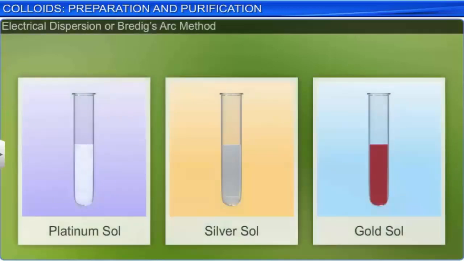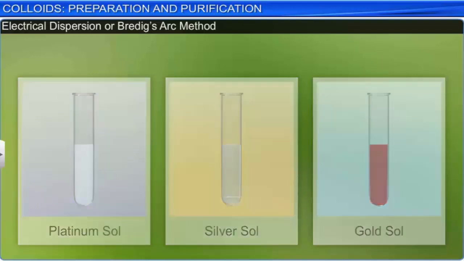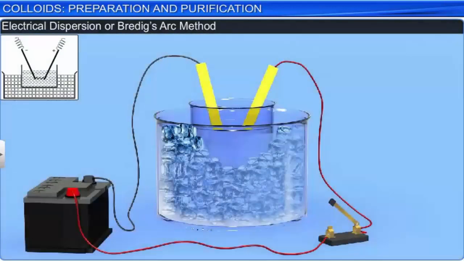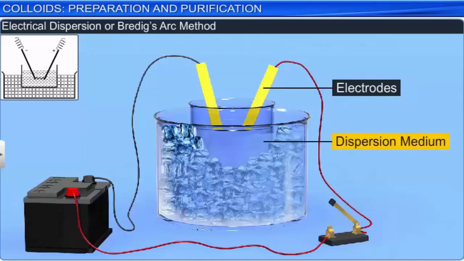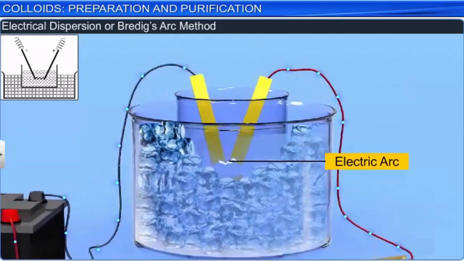This method is commonly used to prepare colloidal solutions of metals such as platinum, silver, and gold. In this method, two electrodes of the metal whose colloidal solution is to be prepared are immersed in the dispersion medium and an electric arc is struck between the electrodes.